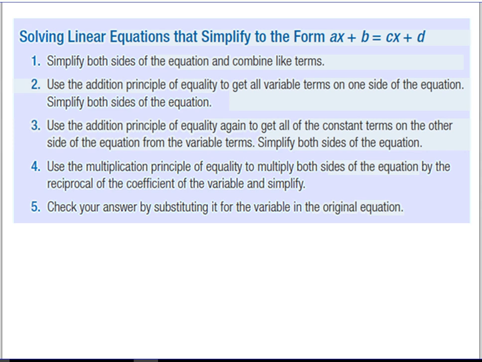I think of it as it's times 3, I'm dividing by 3. And then obviously the last step is to check your answer. You can put the number that you get back into the original equation and see if you get a true statement to see if your answer checks out or if you made a mistake along the way.